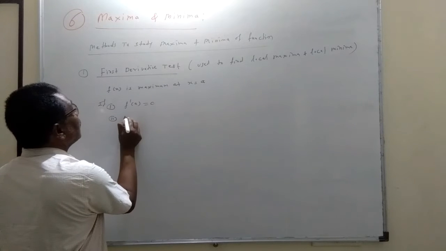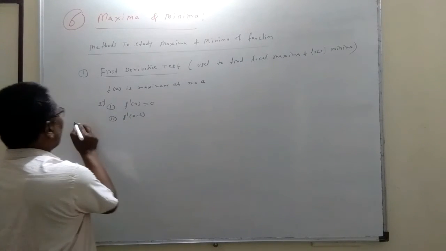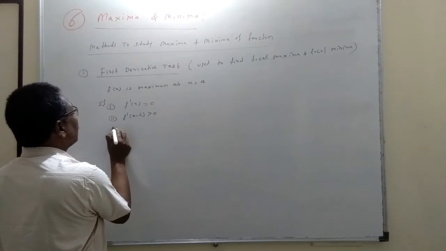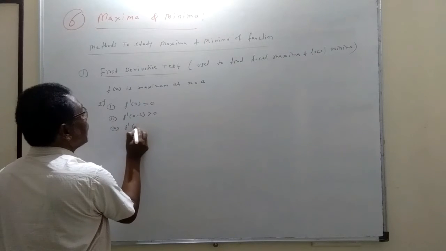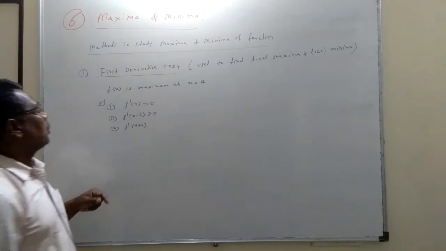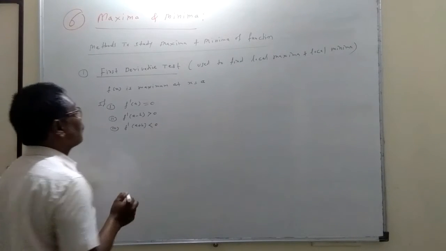Second condition, f dash of a minus h is greater than 0 for maximum. And f dash of a plus h, keeping the graph in mind, increasing then decreasing, the obtuse angle, is less than 0.